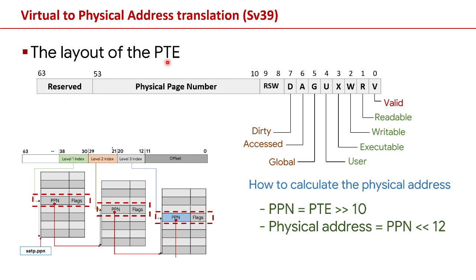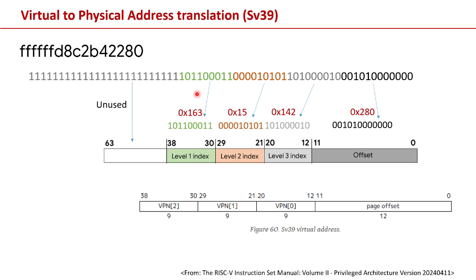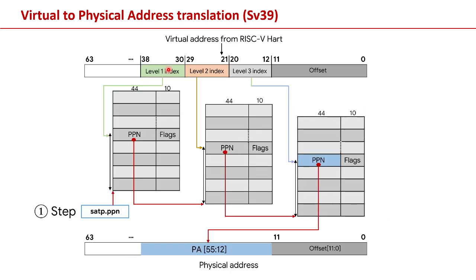The page table entry has two important pieces of information. The first one is the attribute, the flag information, and the second is the physical page number. The third important thing is how the virtual address can be handled during the multi-level page translation. As we explored in binary, the value of the virtual address can be used as offset, level 3 index, level 2 index, and level 1 index.